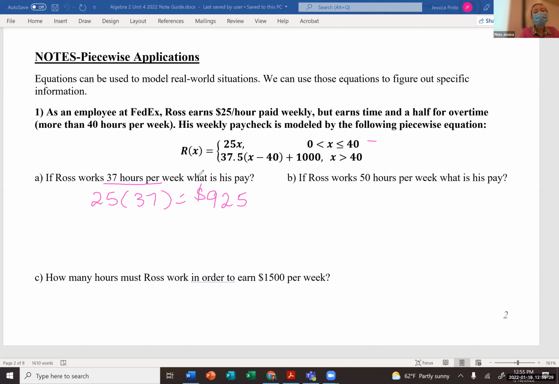Now, what if Ross works 50 hours per week? Well, then that's above 40, so we're going to use the other equation. I'm going to do 37.5 times 50 minus 40. It's mental math for me to do 50 minus 40. I hope it's mental math for you. 10. And then plus 1,000.